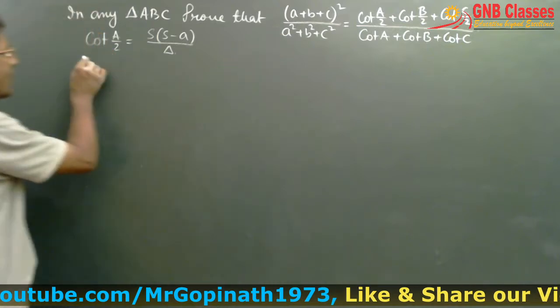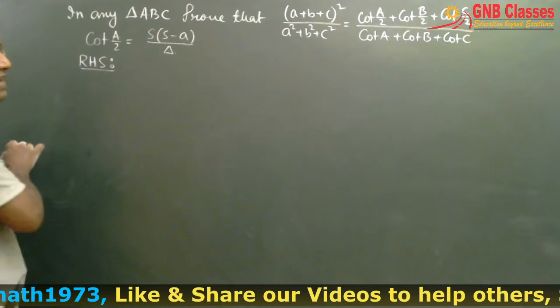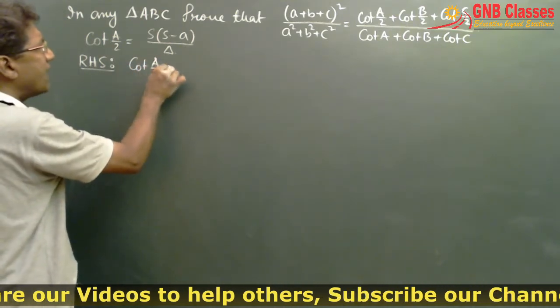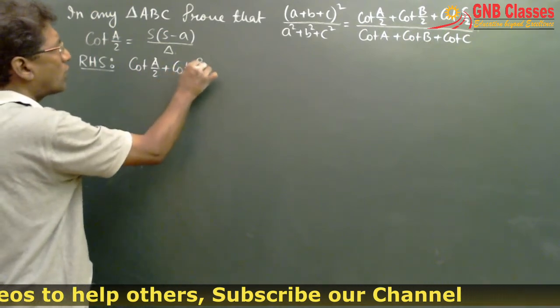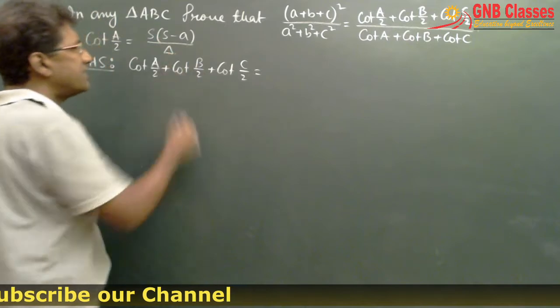Now, let me take the right hand side. Let me take the numerator of the right hand side. That is, we are trying to find out cot a by 2 plus cot b by 2 plus cot c by 2. So just apply this half angle formula.